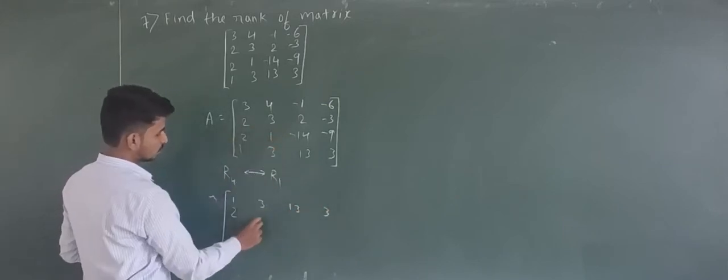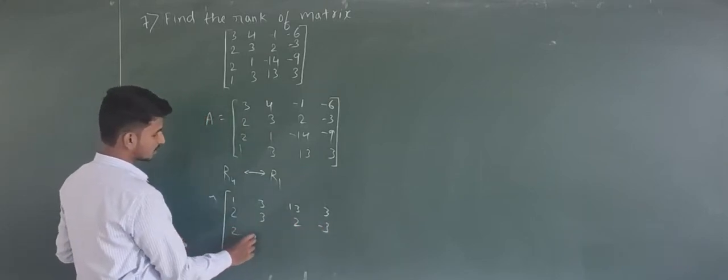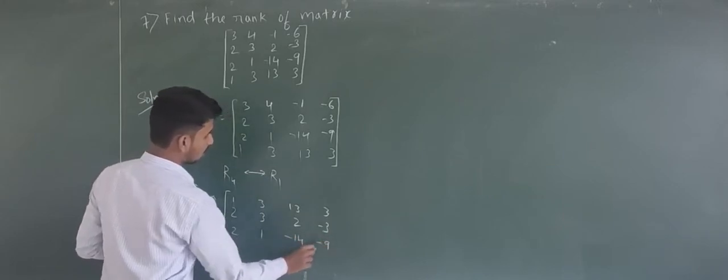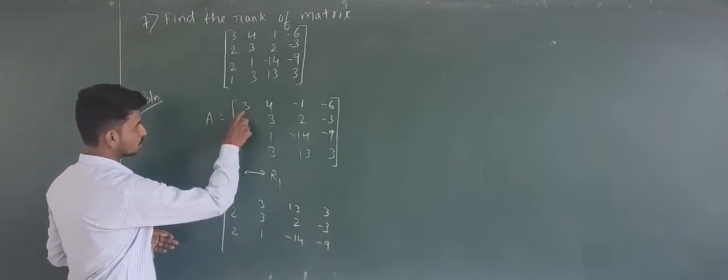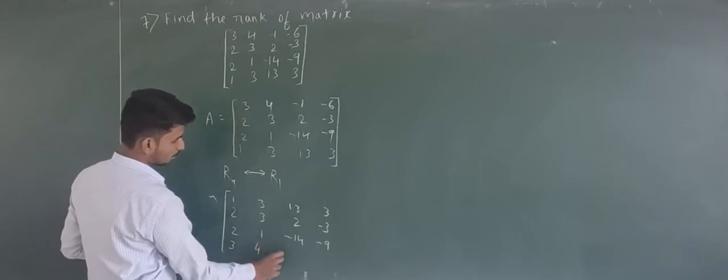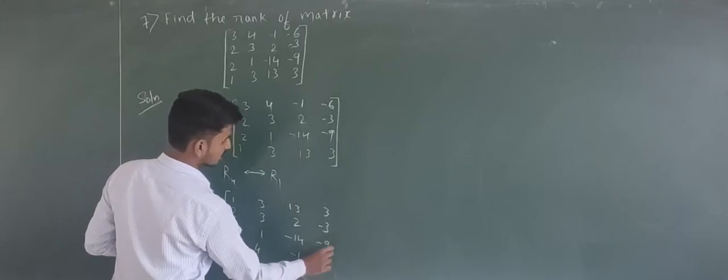Second row as it is: 2, 3, 2, -3. Third row as it is: 2, 1, -14, -9. And the last row we take as the first row, that is 3, 4, -1 and -6.